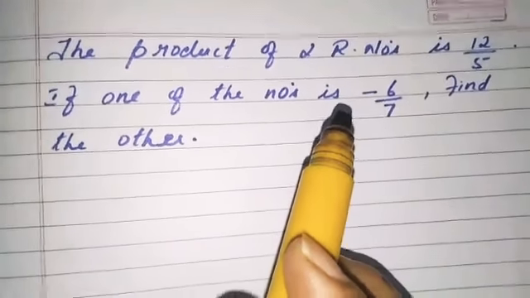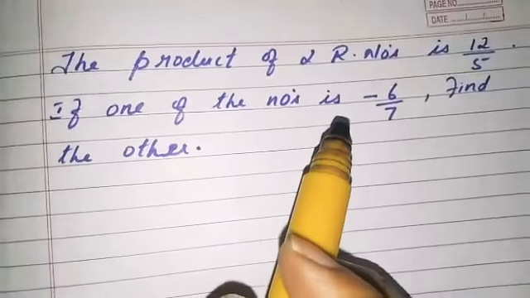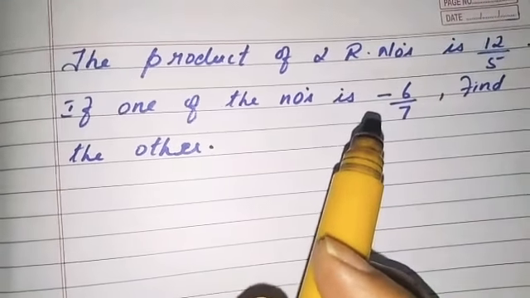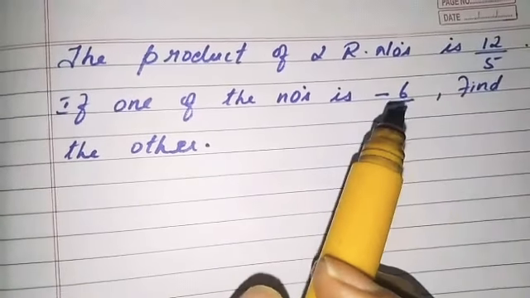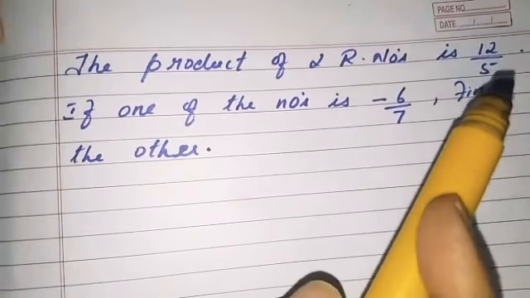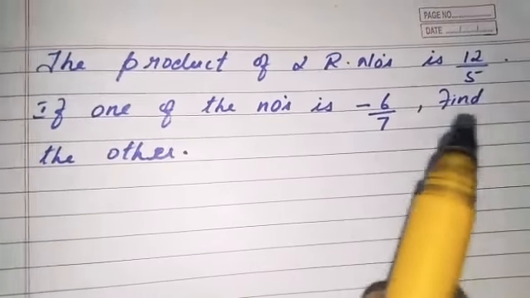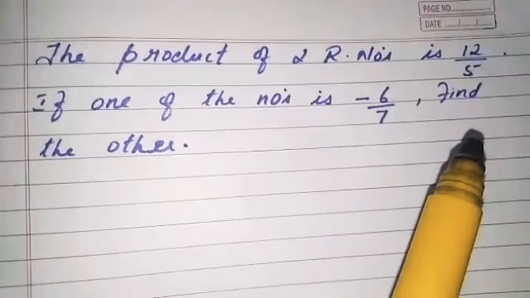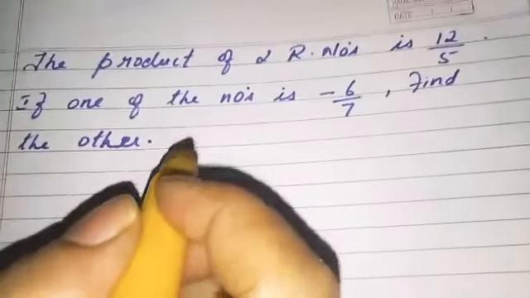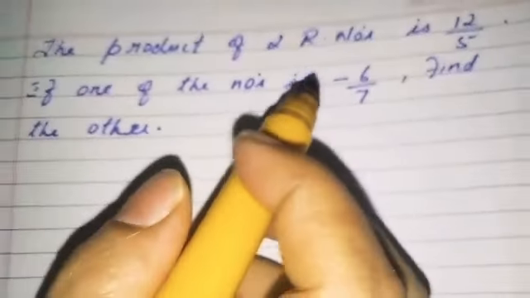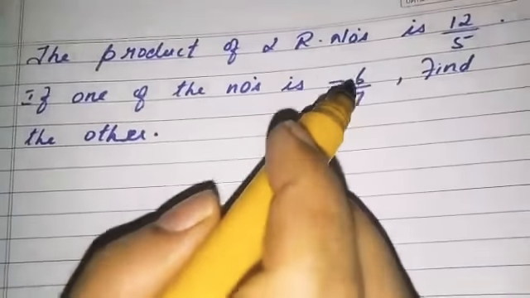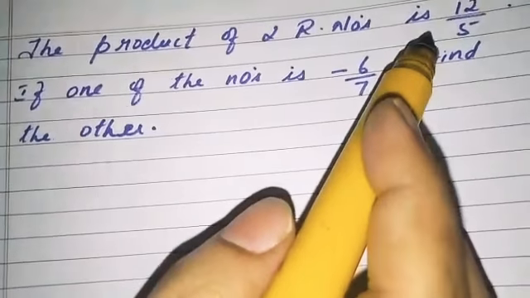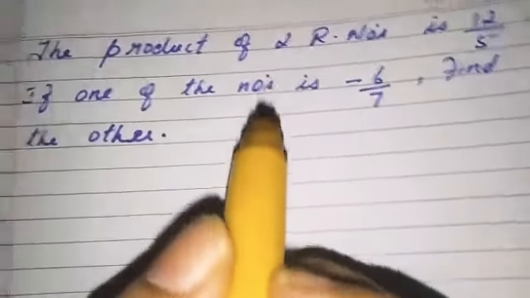The first number is given as -6 by 7, but the second number is not given, and you have to find it out, because the first number into the second number gives you this product, which is 12 by 5. So let's quickly get started.